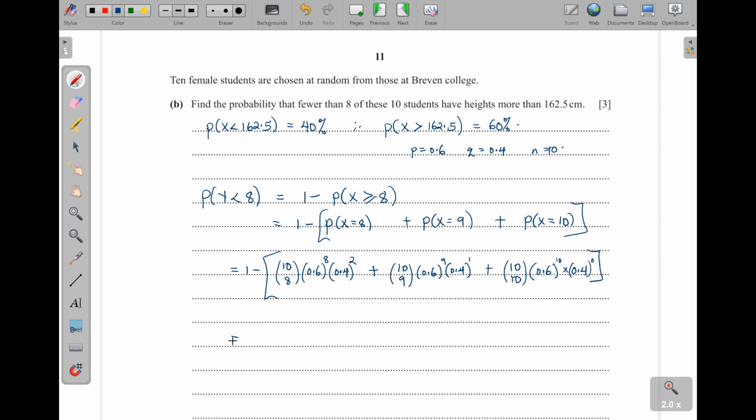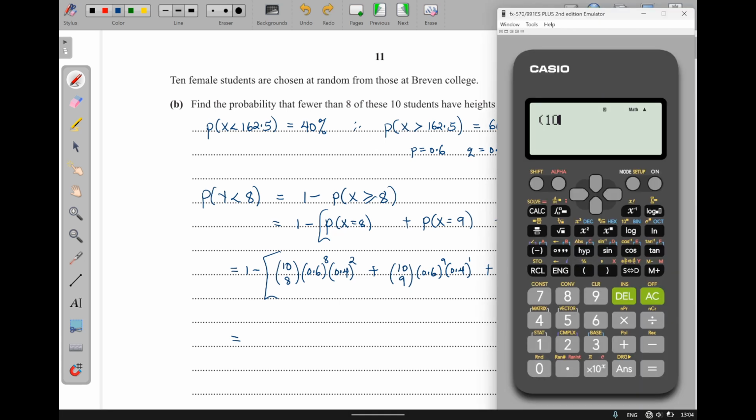So putting all of this in the calculator, what do we get? So I'll put 10 combination 8, then times 0.6 power 8, and then after times 0.4 squared. Close the brackets. Then I go to the next one. 10 combination 9, that will be 10, then times 0.6 power 9, then times 0.4. Then close the brackets.